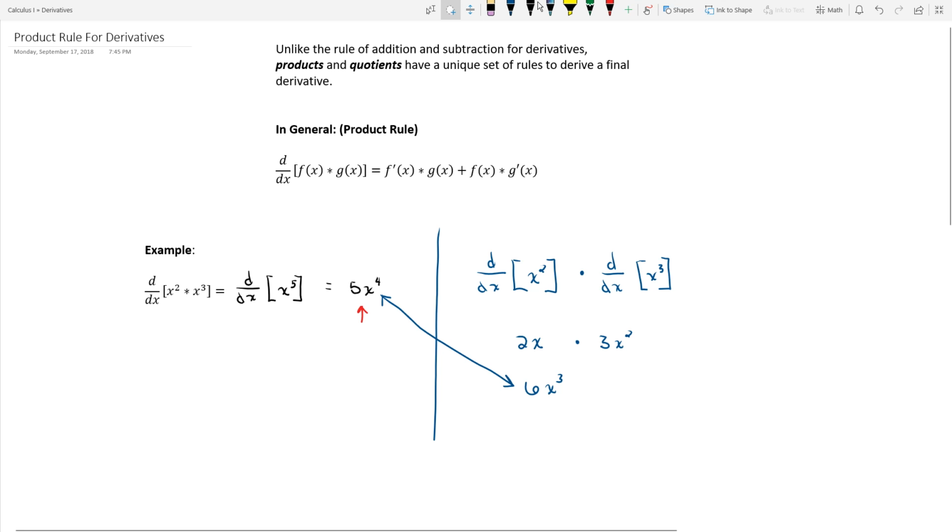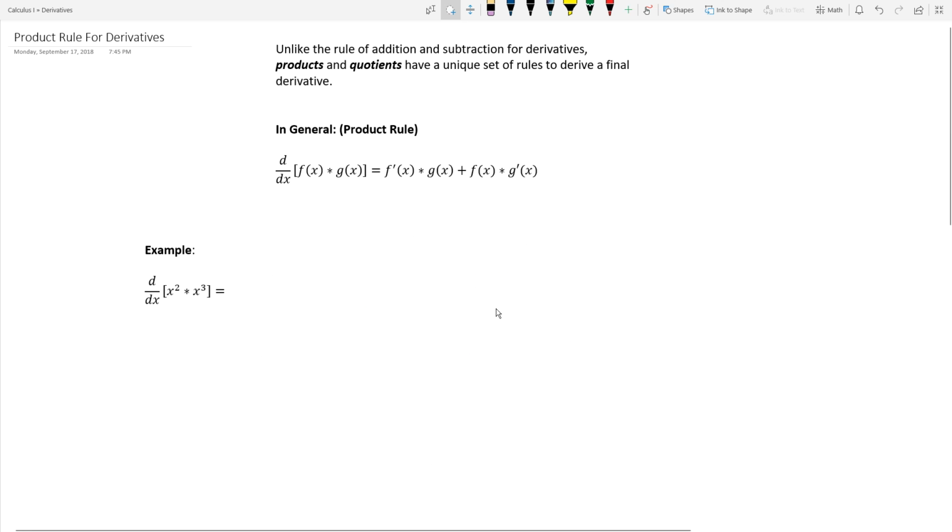So let's go ahead and rework this using this product rule for derivatives, and we will do that by taking, it says here that we take f prime of x for the first one here. So for x squared, we're going to call that our f of x function. I'll just list this out.